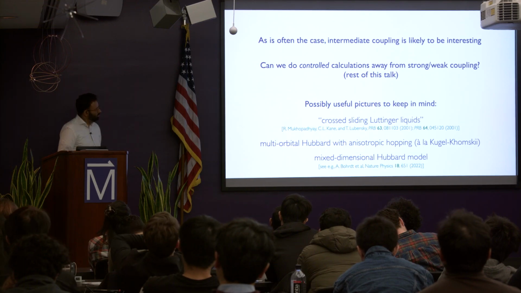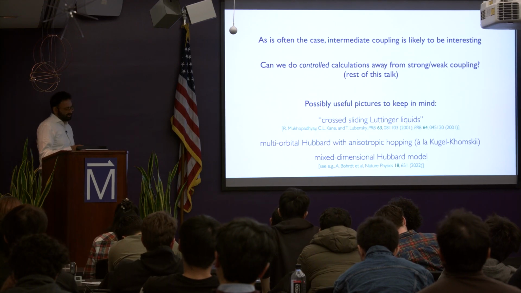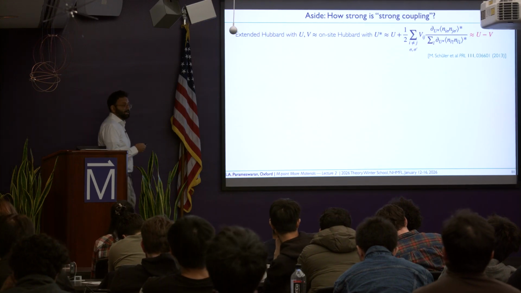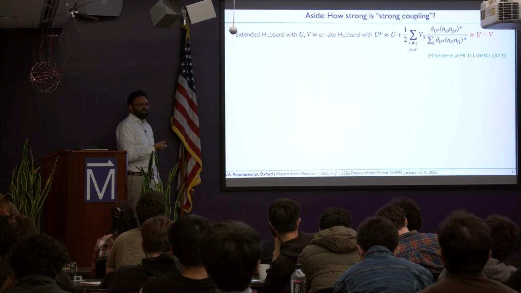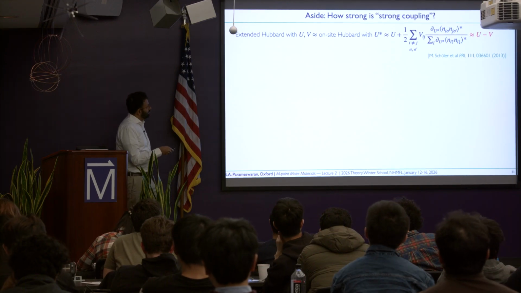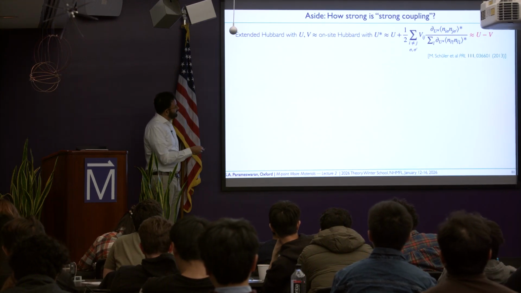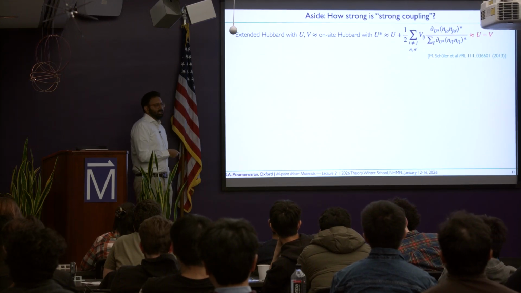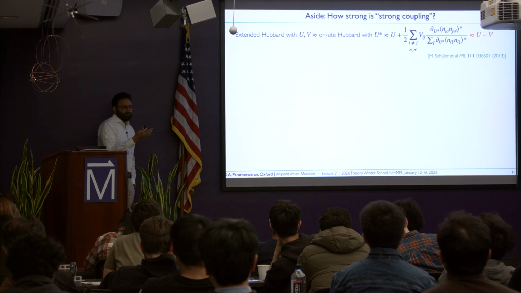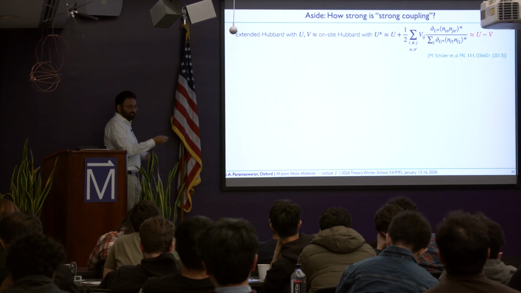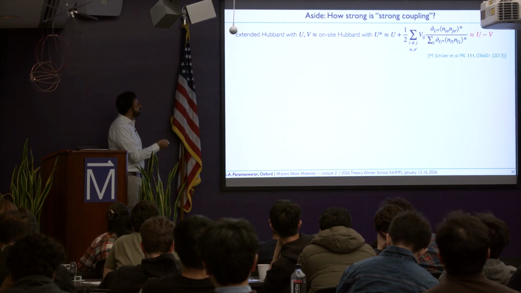Okay. And also to motivate why we might want to work at strong coupling, it's useful to ask oneself, how strong is strong coupling in a model with U and V? The reason for that is that U and V tend to counteract each other. There's a nice old paper by Sasha Lichtenstein and others that points out that if you have an extended Hubbard model with a U and a V, one can ask, by looking at a goodness of fit of some density matrices or something like that, whether you can approximate the ground state of this problem.